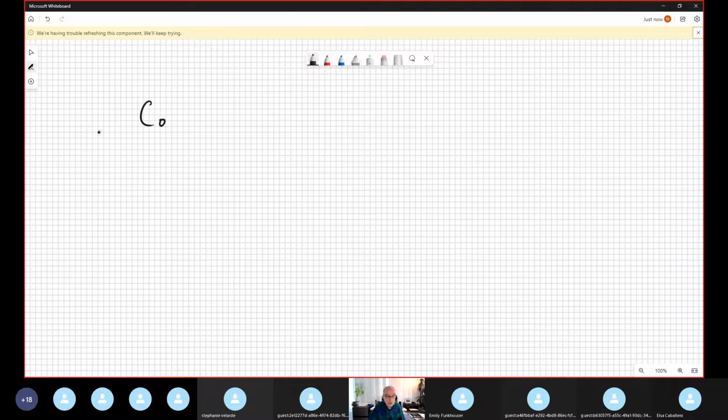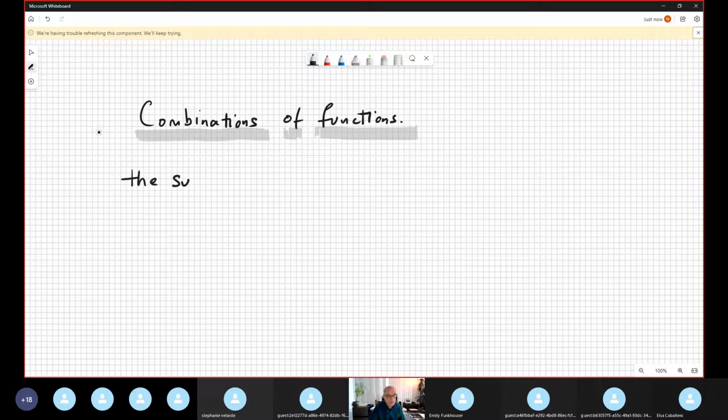Combinations of functions. There are many ways to combine a function. However, the most important is the classical arithmetic operation. We have the sum, addition.